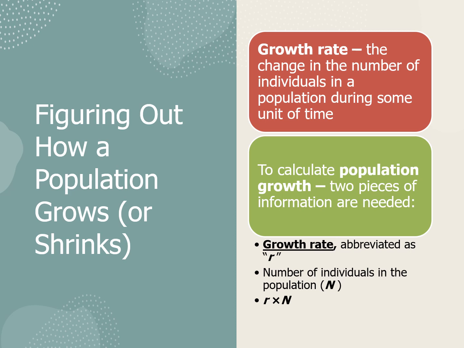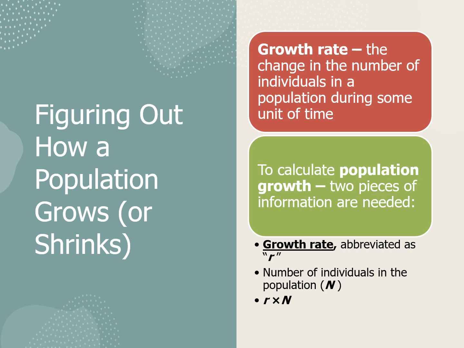The next term we need to look at is population growth, and this is going to be something that we calculate. In order to get population growth, we're going to need two pieces of information. The first is that first part we talked about, growth rate, so lowercase r.